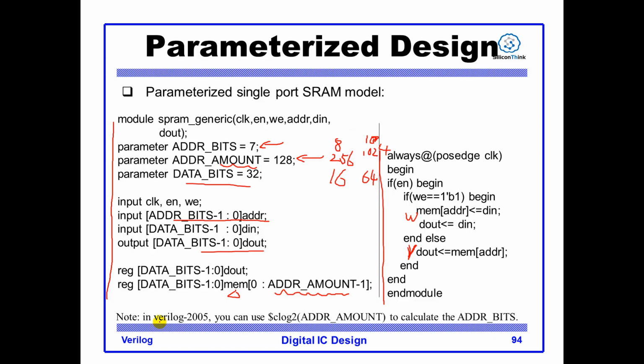And there is a note for you. In Verilog 2004, you can use this system function clog2 to calculate the bit width of a variable.